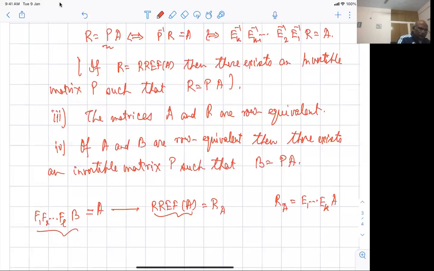Is that okay? So I got this part, fine. This is one way to understand. Or I can also go from here to here and then come back. Whatever way you want to understand, you understand it. All right, this is a very, very important idea that you need to understand.